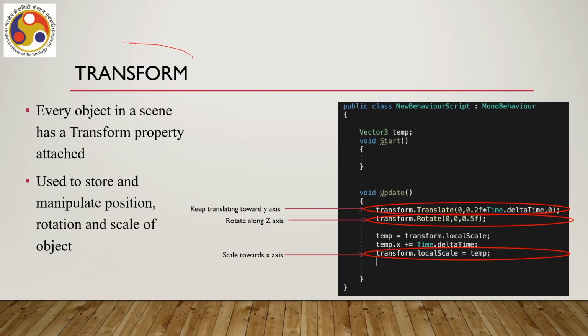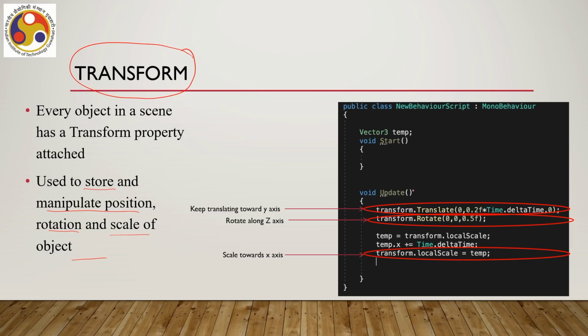There is a property called the transform property attached to every game object in a scene. Now, this property is used to store and manipulate the position, rotation and scale of the object. We can modify this property programmatically by writing a script using which we can update the property.